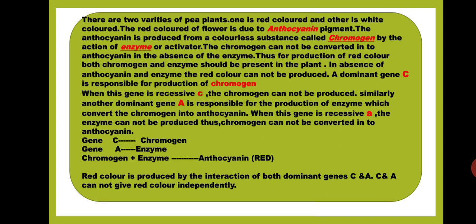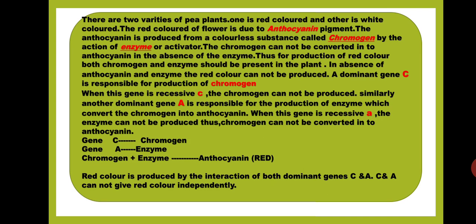A dominant gene, capital C, is responsible for production of chromogen. When the gene is in recessive form, that is small c, the chromogen cannot be produced. Similarly, another dominant gene, capital A, is responsible for the production of the enzyme which converts the chromogen into anthocyanin. When this gene is recessive, in the form of small a, the enzyme cannot be produced.